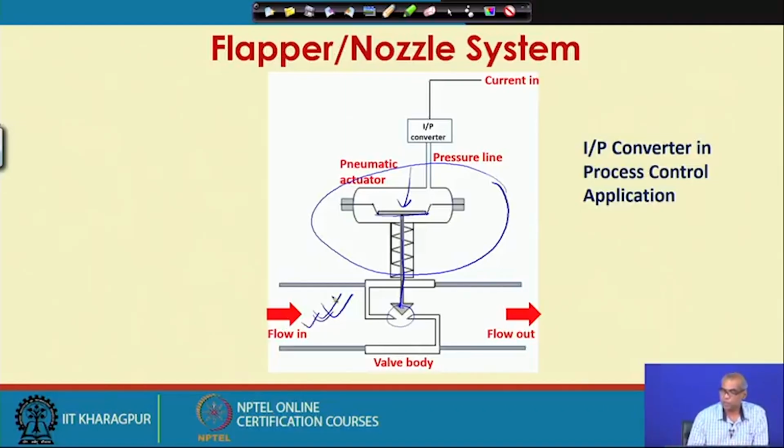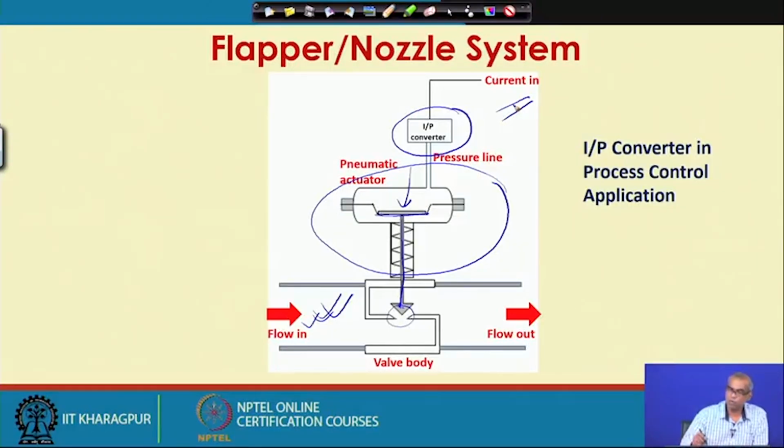So, the electrical controller sends an electrical signal, but that has to be converted to a pneumatic pressure, because the diaphragm of the pneumatic control valve will only receive pressure as input signal. So, a flapper nozzle system can be used as an IP converter, or electrical signal to pressure converter, in conjunction with the electrical controller.